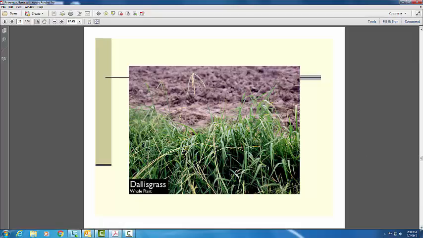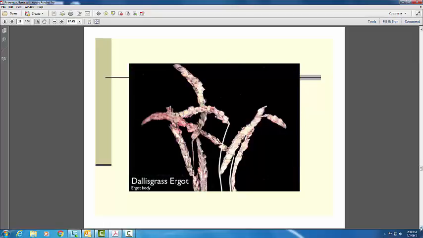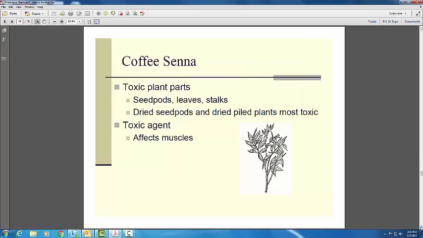The way to prevent that is to mow that Dallis grass and stop it from forming the seed head. Classic ID of the plant, classic seeding of the Dallis grass, and when they have the fungus, they get darker.